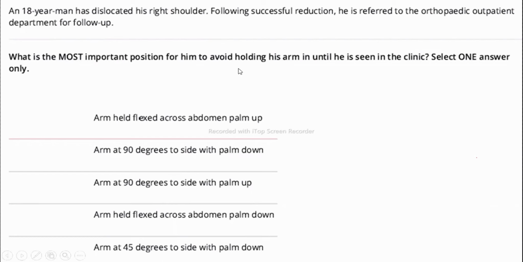Avoid what? Avoid arm at 90 degrees to the side with palm up. Avoid this one.